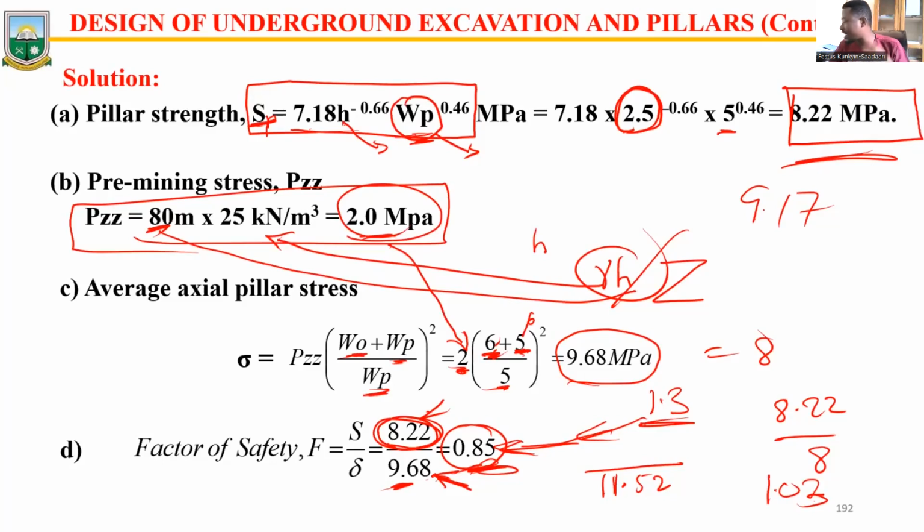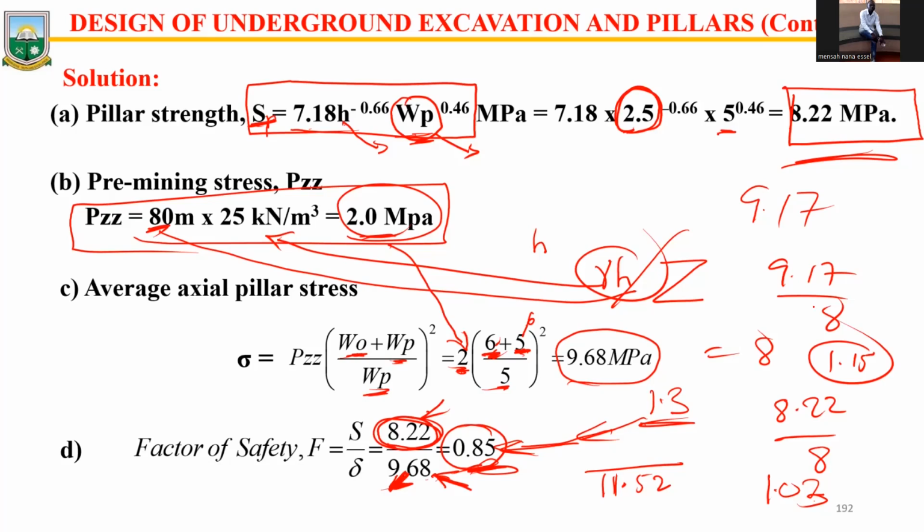So again, we are going to get 8. Isn't it? Yes. That would be 8. So it means that this one would change. So we are going to have 9.17 over 8. That is nice. 9.17 divided by 8. I got 1.15 here. So it means there have been some improvements when you change the width of the pillar.